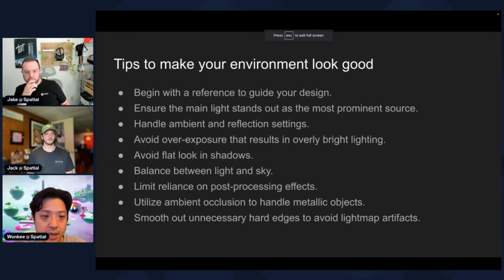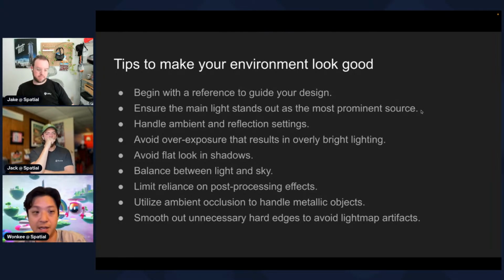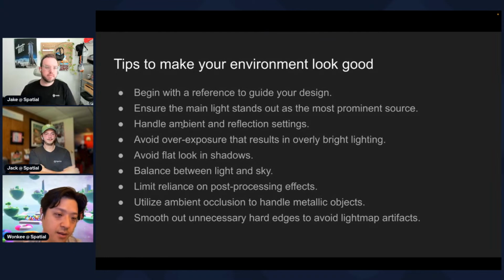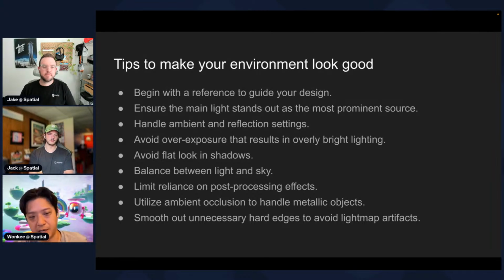So having the main light as the most prominent source keeps the look great. Also sometimes ambient light is too bright for the dark area, or too dark for the bright area. So handling ambient would help a lot, I think.